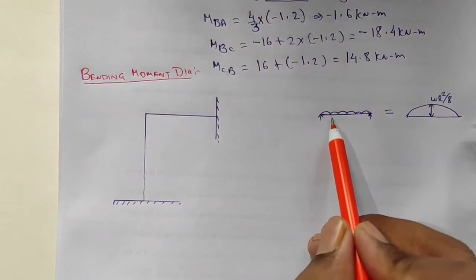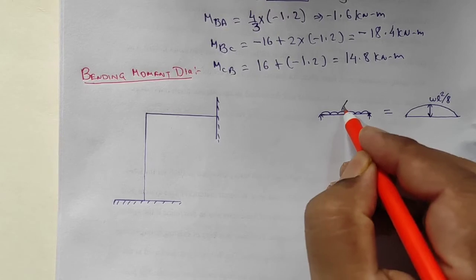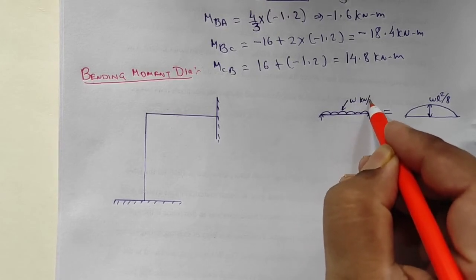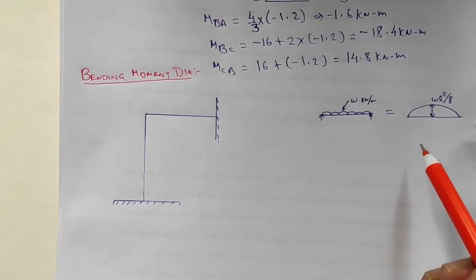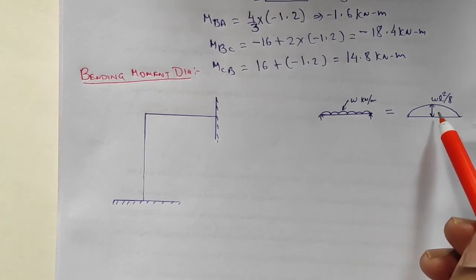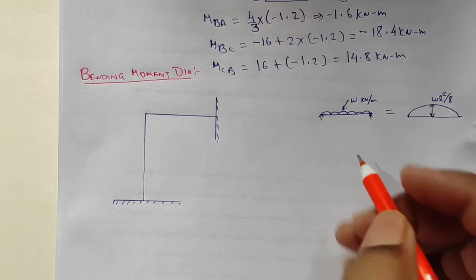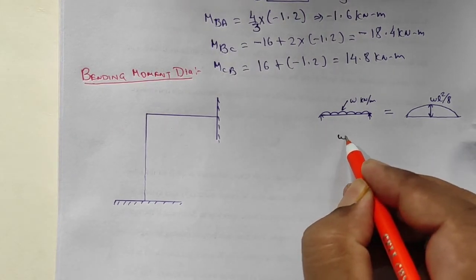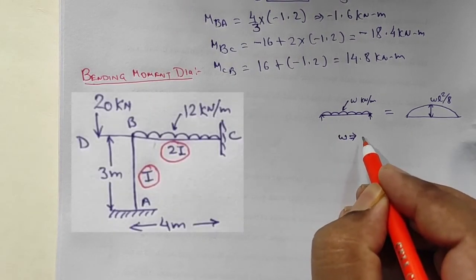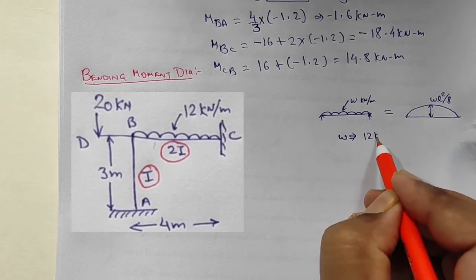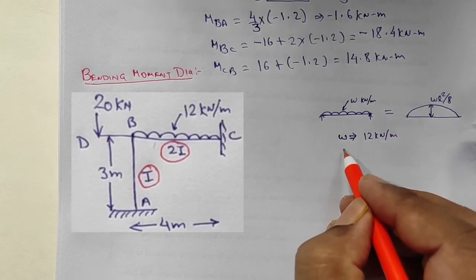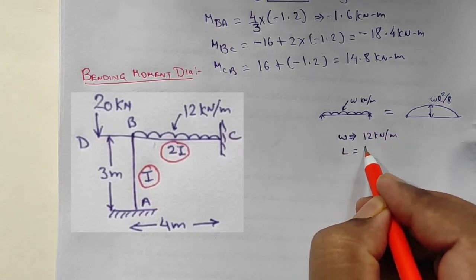As we know, if a beam is carrying a UDL of load W kilonewton per meter, then the bending moment diagram will be a parabola and the maximum ordinate value is WL square by 8. Here, as you can see on the side of the screen, the value of W is 12 kilonewton per meter and the value of L is 4 meter.